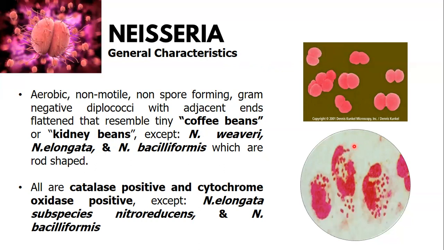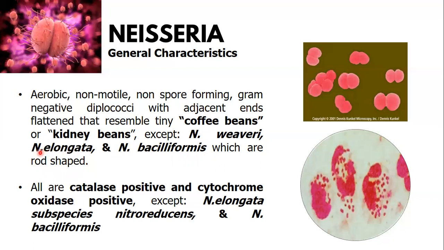However, an exception to these characteristics include Neisseria weaveri, Neisseria elongata, and Neisseria bacilliformis, which are rod-shaped members of the family Neisseriaceae.